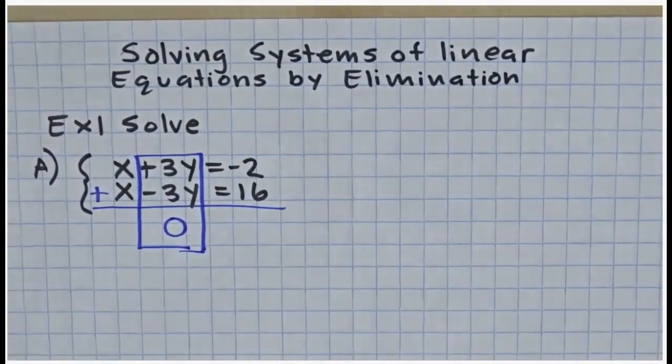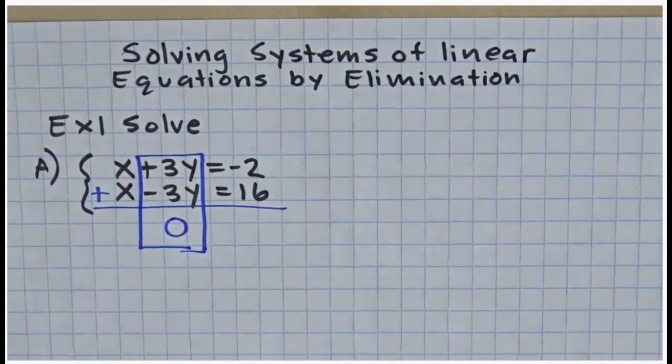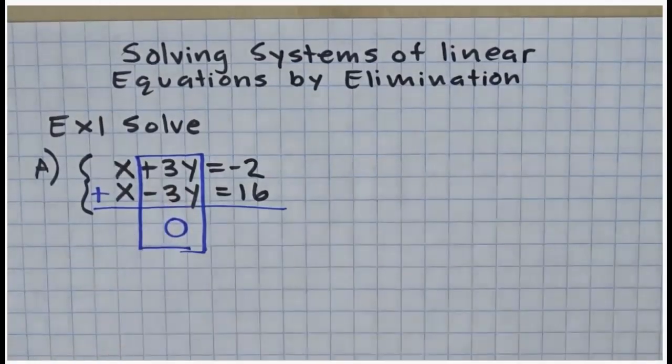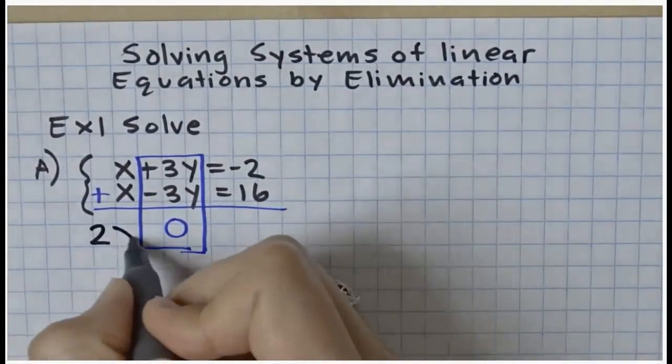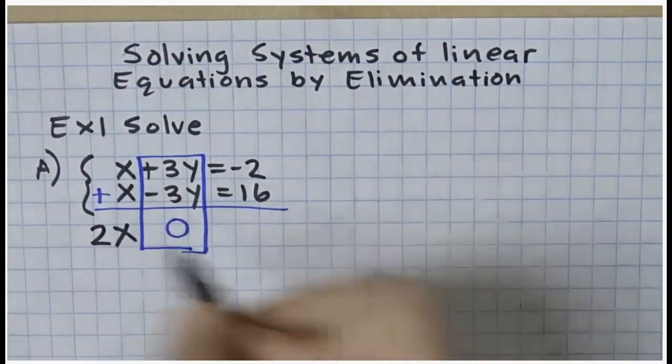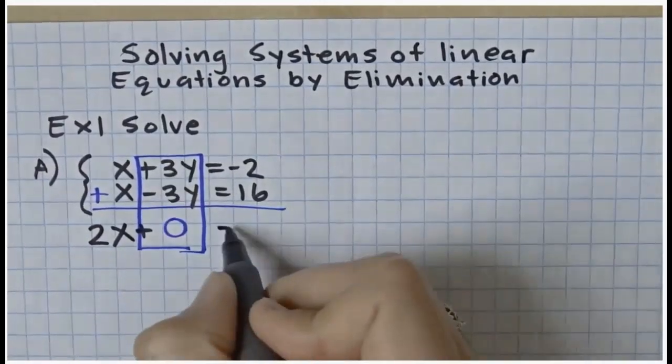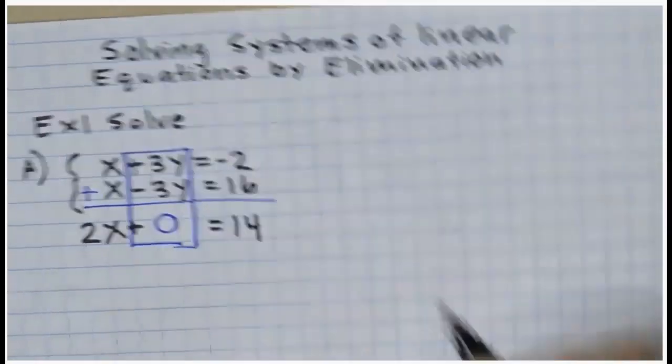That's great because that means I do not have to worry about the y's. And if the y's are all gone, I'll just have x to focus on. So I'm going to do that. And if I add these two, again, I said it was 2x. 1 plus 1 is 2. Plus 0, because that totals 0. And this would be 14.